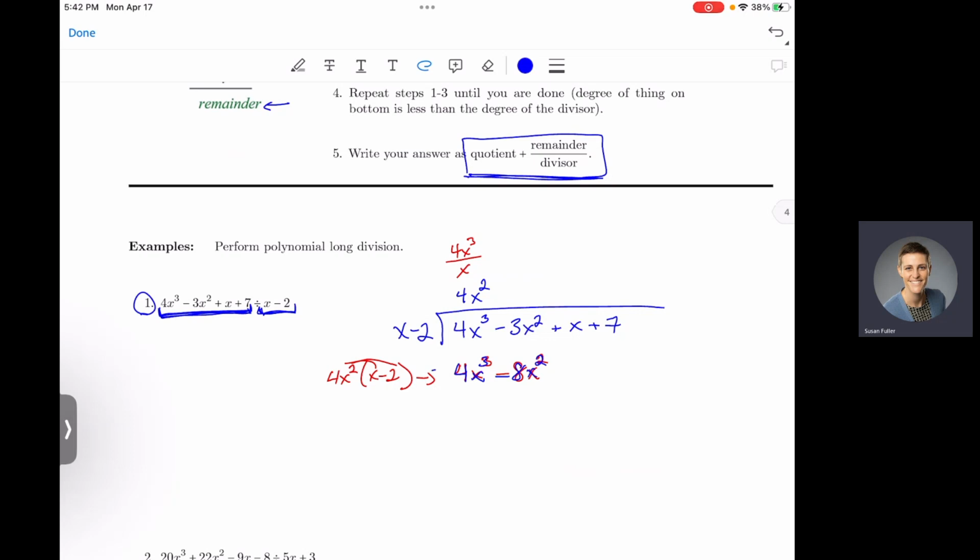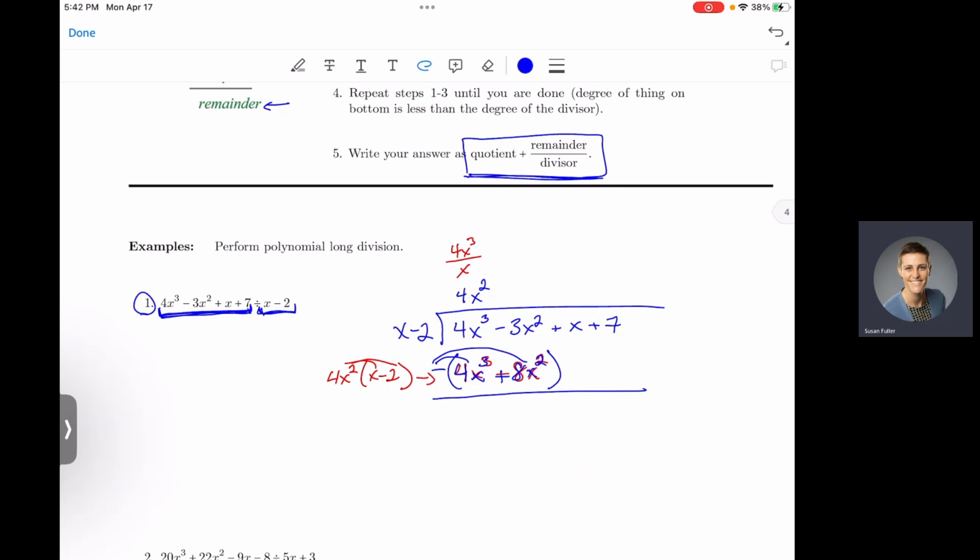What you're going to do with that is subtract the whole thing. Make sure you subtract all of your pieces here. So you're going to subtract the 4x to the third, and you're going to subtract the negative 8x squared. Subtracting that negative 8 is actually going to make you add the 8x squared, so just be careful with that.